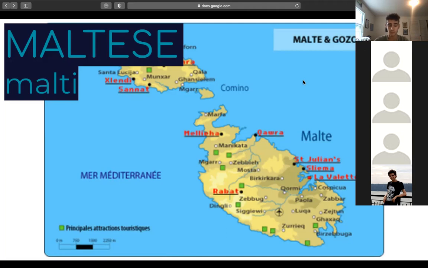Maltese is spoken on the island of Malta in the Mediterranean. Maltese is the only Semitic language written in the Roman alphabet, and the only one to have official status in Europe, in the European Union. Maltese developed from the dialect of Arabic called Siculo-Arabic, spoken exclusively before the island was taken over by the Normans.